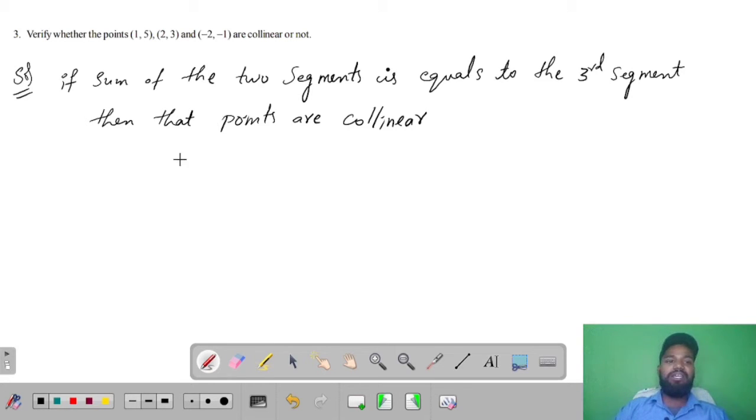We will check whether they are collinear or not. Okay, done. So verify whether the points are collinear or not.